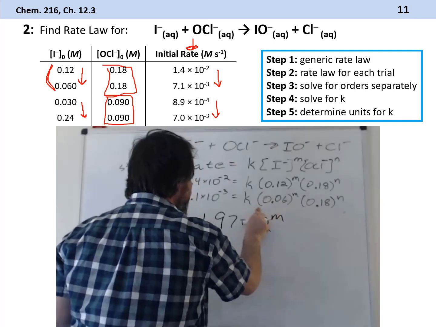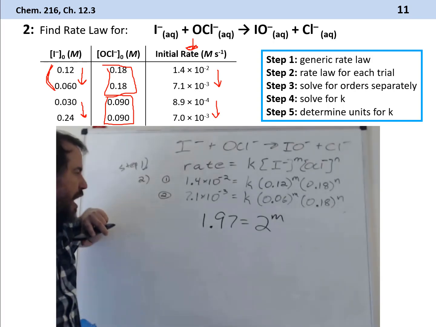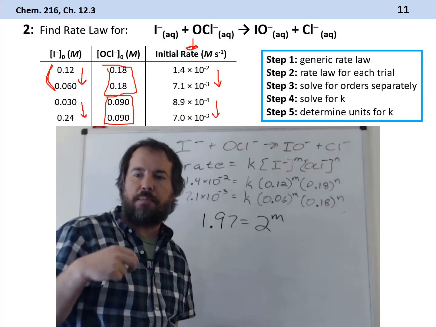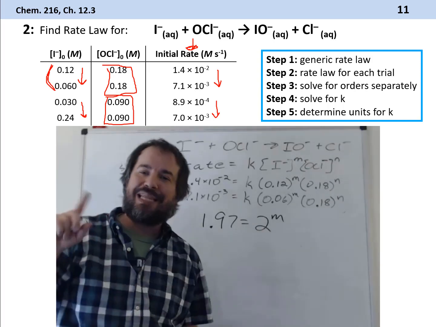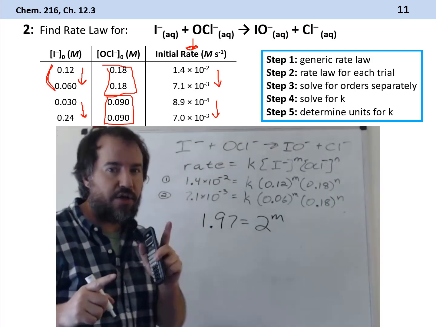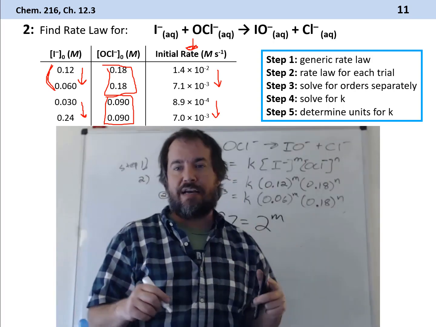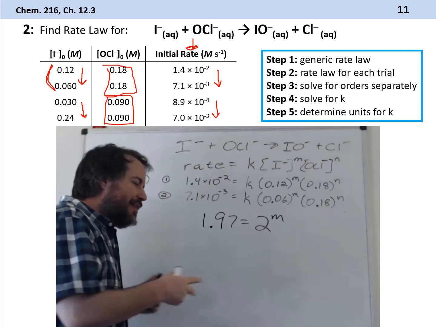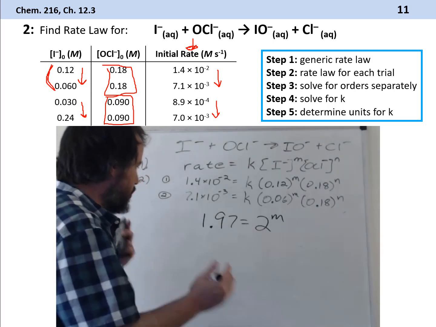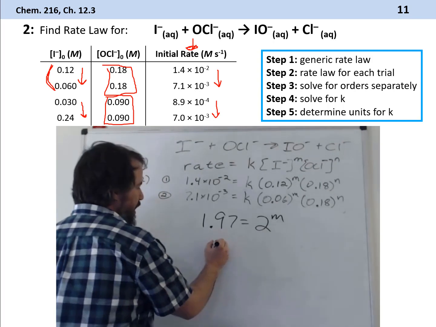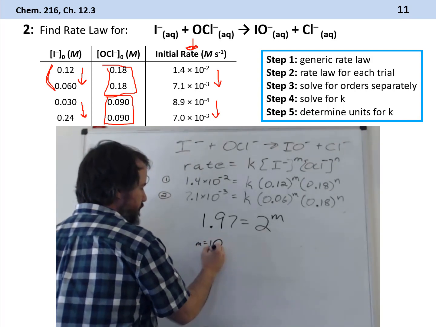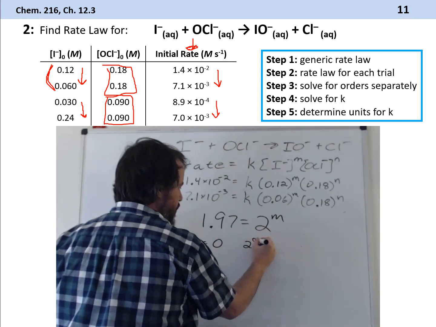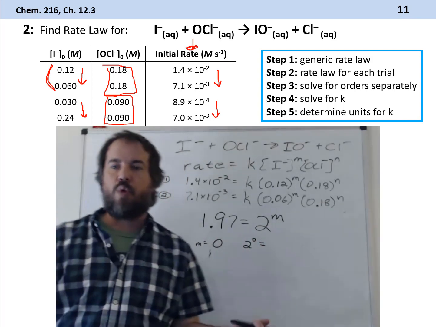All right, 1.97 equals 2 to the m. So now, I'm going to go through a little bit later a more complicated way to figure out m, but the easiest way is just to use what I said earlier. m is usually 0, 1, or 2, right? In this class, in the lecture, you're going to see it as 0, 1, or 2. So let's use that. So if m is 0, that would mean that 2 to the 0 equals what?